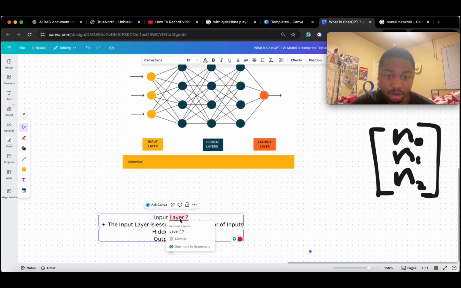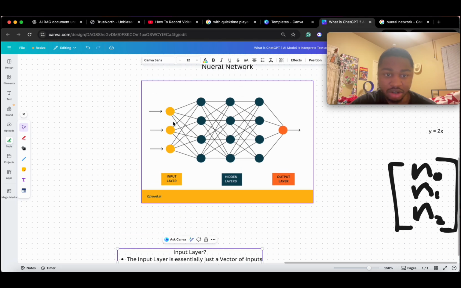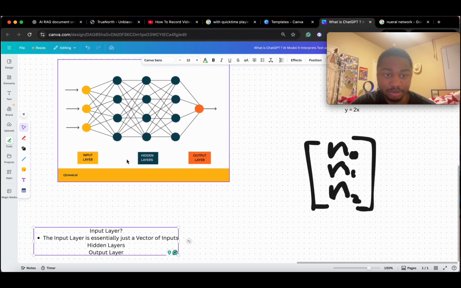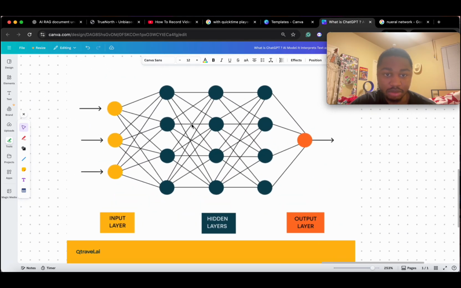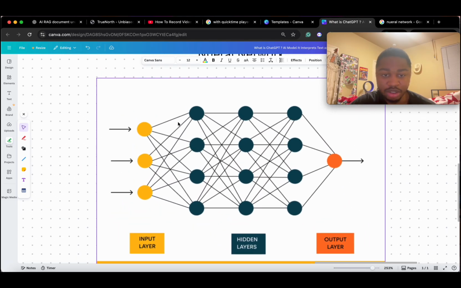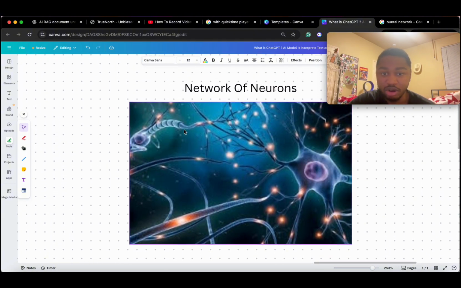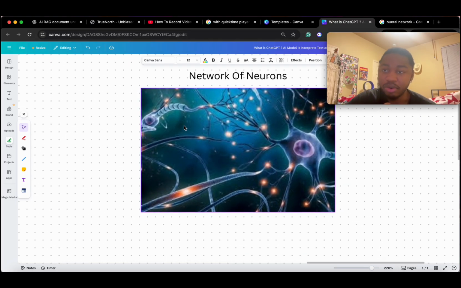All right, so you might be wondering, how could you transform this into this? This is where the linear algebra approach comes in, right? Now, as you can see, there are connections. I'm going to reference back to the network of neurons. In our brain, we have neurons, etc. These neurons learn over time through some sort of event.